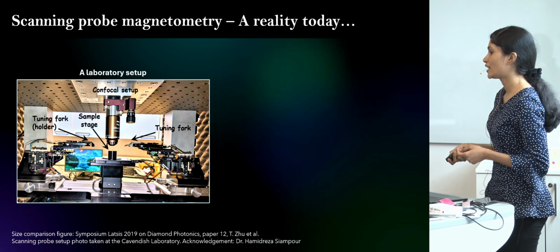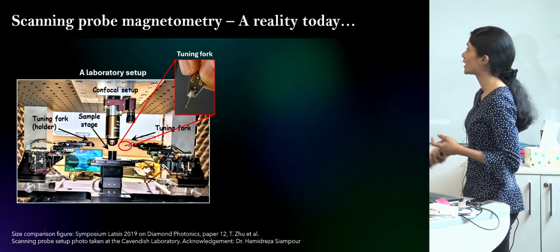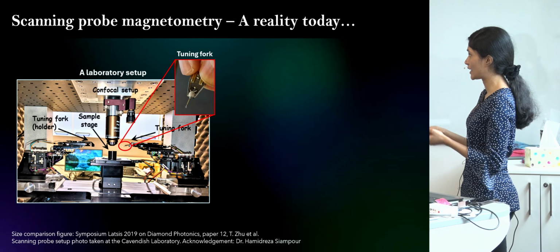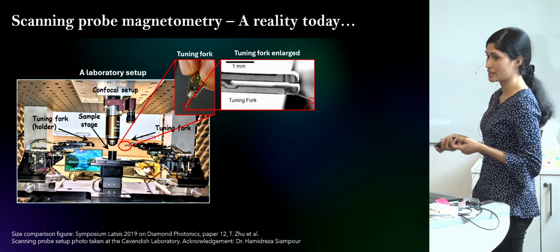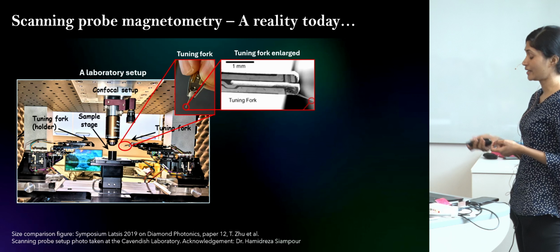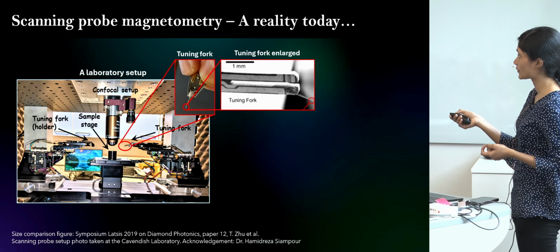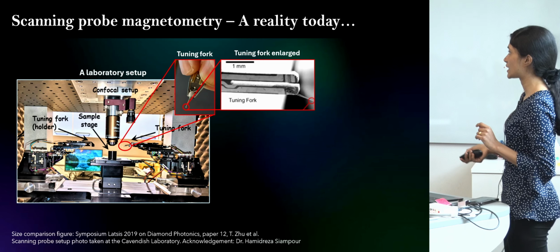Now to give you an idea of the length scales of measurements that we're talking about here, here is the tuning fork. I'm holding it in my hand here so you can get an idea of its size. Now if you zoom right onto the tip of it, this is what it's going to look like. So this is a metal bit. So it's a few millimeters long, and at the end of it there is a small silicon tip that's less than about 1 millimeter in size.